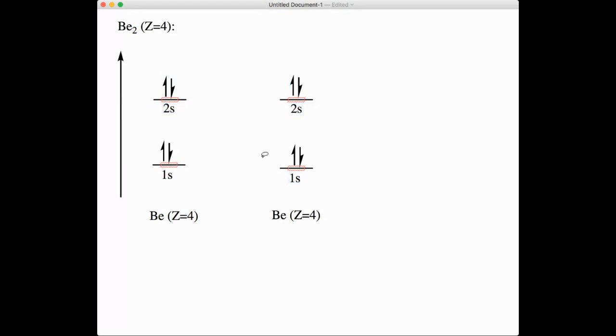If I linearly combine these two 1s orbitals, how many molecular orbitals should I expect? I should get two molecular orbitals. One is going to be sigma bonding and one sigma anti-bonding, which we just did. So I'm going to complete my diagram here.